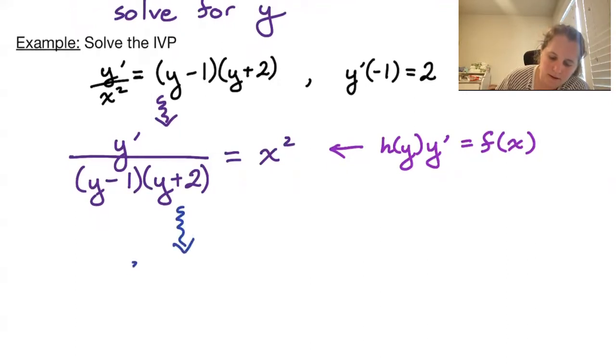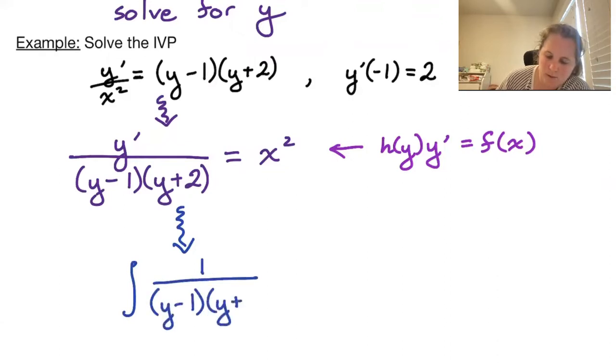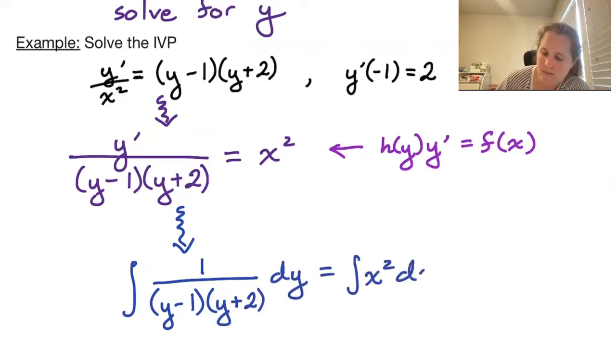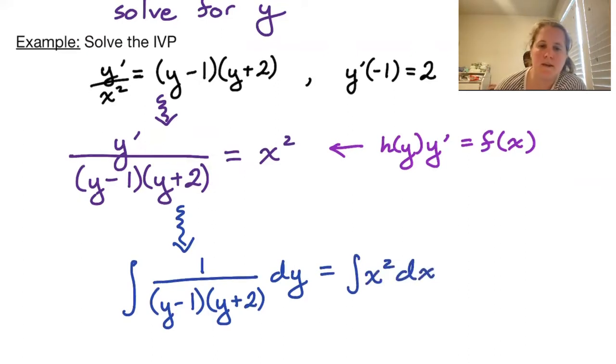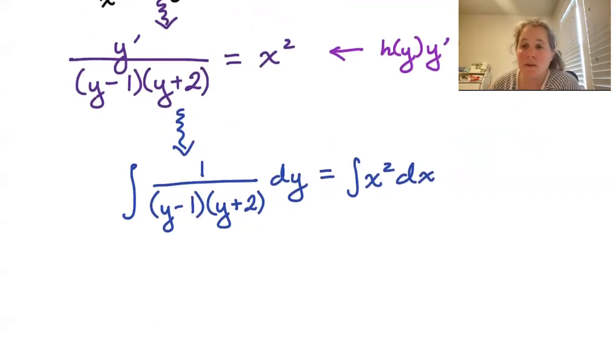This gives us that the integral of 1 over y minus 1 times y plus 2 dy is equal to the integral of x squared dx. On the left-hand side, we are going to need to use partial fractions.